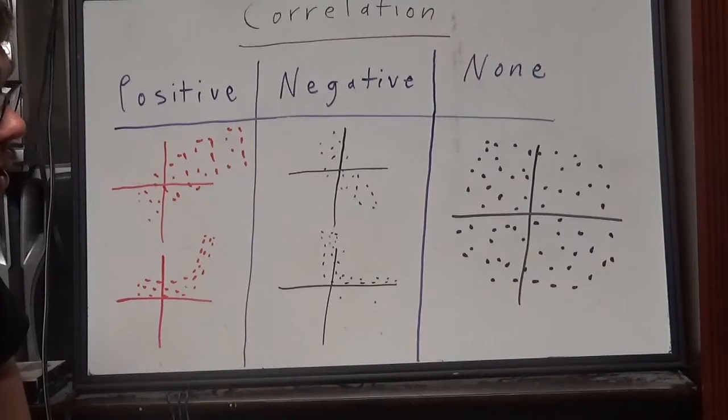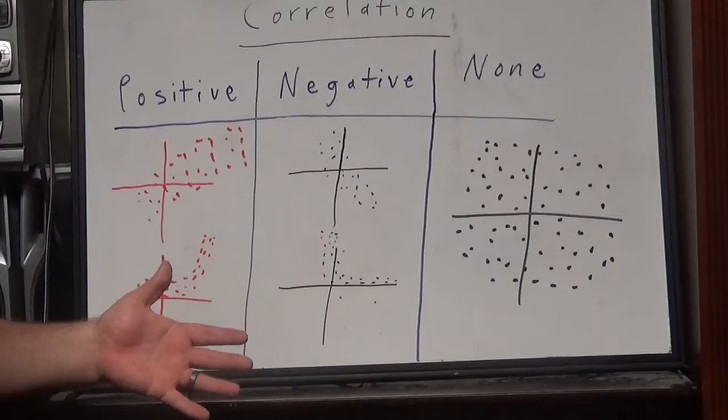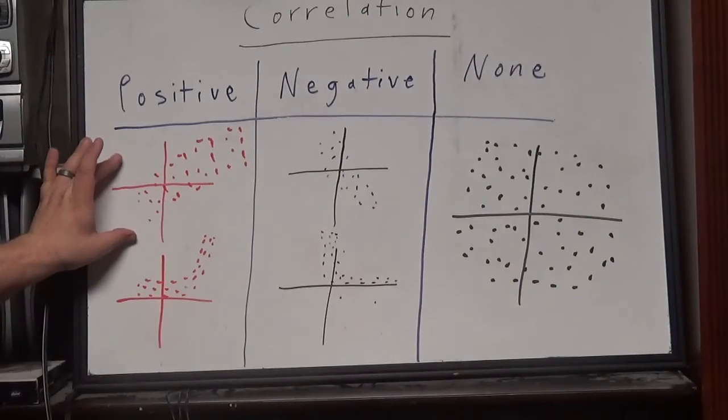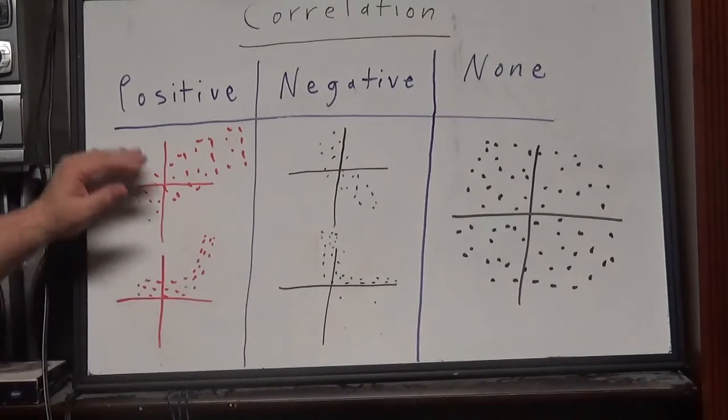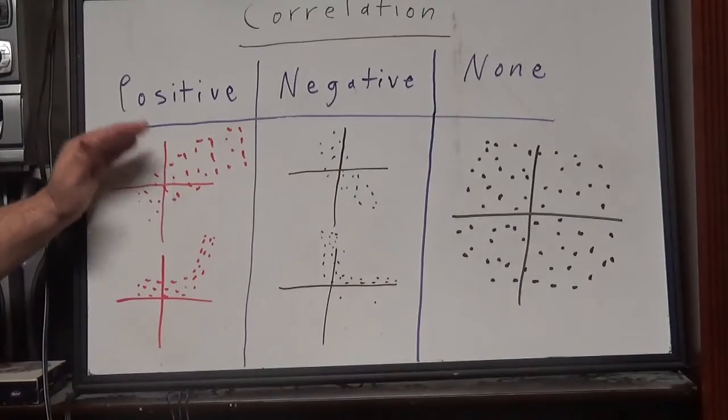If we have a set of data, positive or negative correlation means the x's and the y's appear to be related to each other in some way.